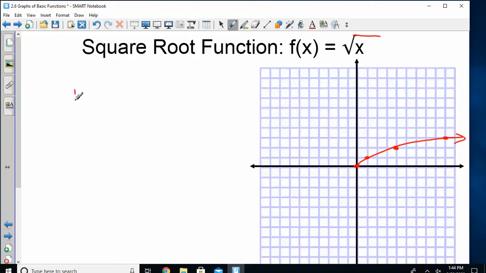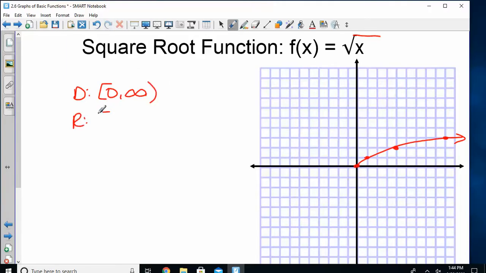What's the domain of this one? Right. It starts at 0 and goes forever. So bracket 0, comma, infinity. What's the range? If you're looking at your y's, your lowest y value is also 0 and it continues to go up.